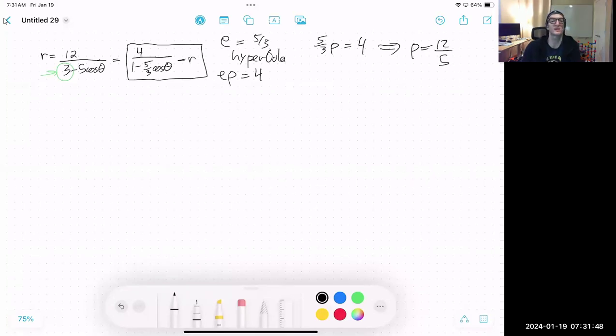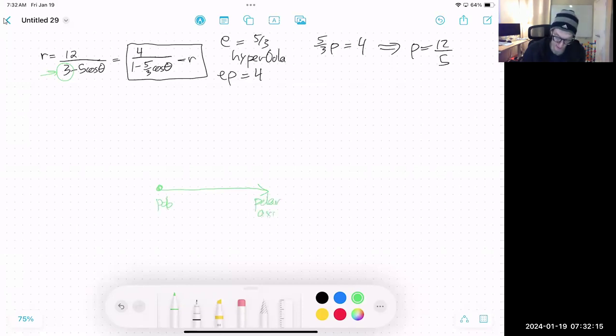So from completely mindless formula facts extraction, here's what I know about this conic so far. Here I shall establish my polar coordinate system. Here's my focus, here's my pole, here's my polar axis.